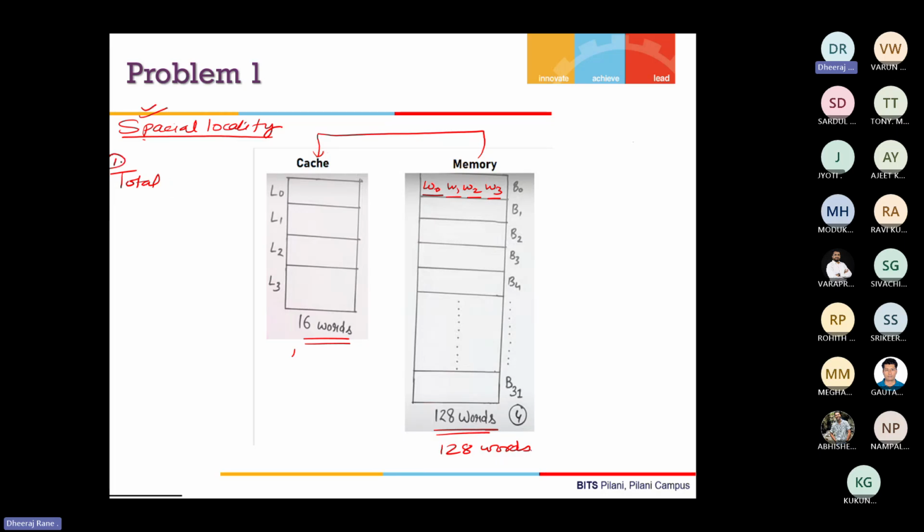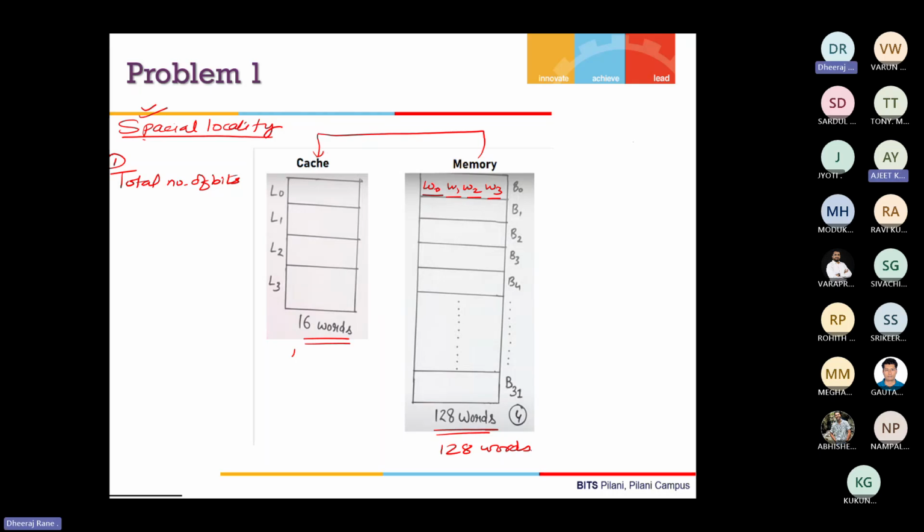So the first step is to calculate the total number of bits. How will we be calculating the total number of bits? Yes, anyone? Number of lines, L0 to L3, 4.